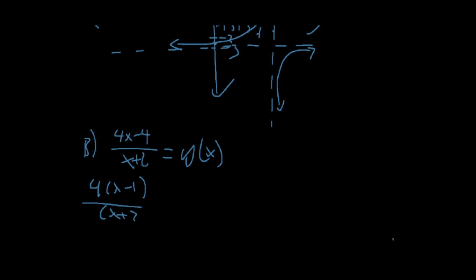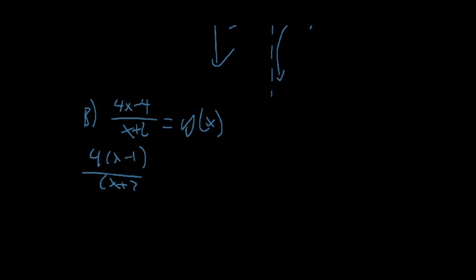And then, hold on. Okay, and since this is 1 and this is 1, a over b equals 4, and so therefore the x asymptote is at negative 2, y is at 4.